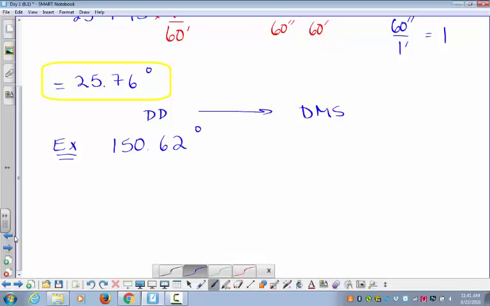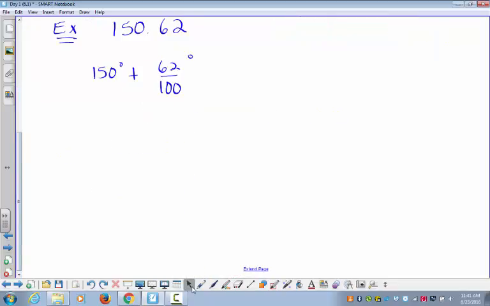All right, so the way we would convert this, we're going to think of this as 150 degrees plus 62 hundredths of a degree. And we need to ditch the degree symbol there. So we're going to use a conversion factor. We want the degrees to go away, so we want the 1 degree in the denominator and 60 minutes in the numerator.